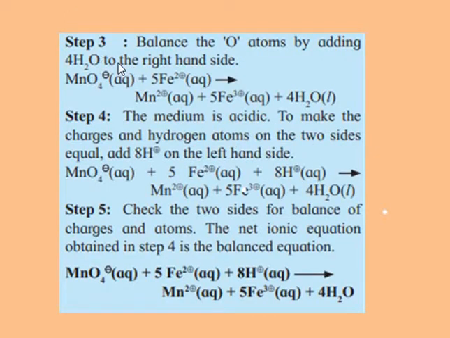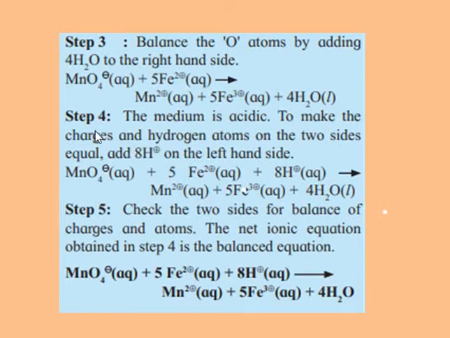Then step 3: balance the oxygen atoms by adding 4H2O to the right-hand side, because there are 4 oxygen atoms present in MnO4-. Hence, we balance the oxygen atoms on the right side by adding 4 H2O molecules.